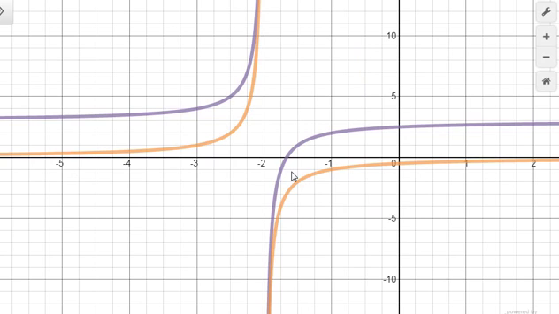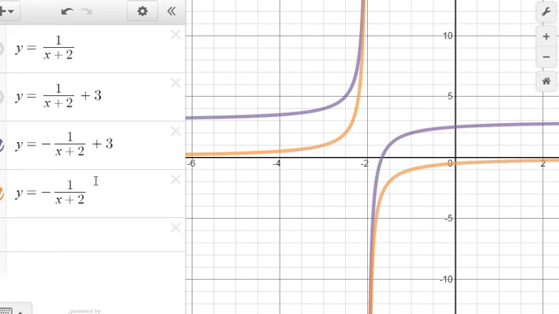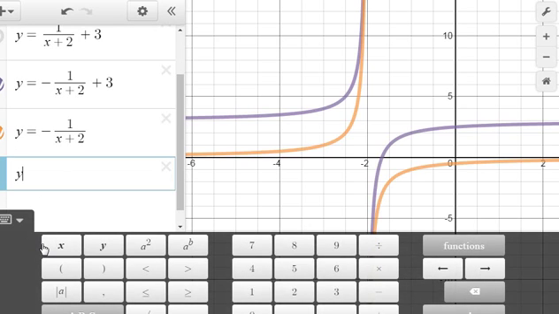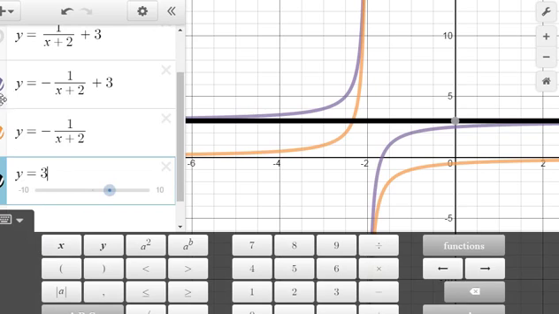But when I put the plus 3 in, it shifts the whole graph up by 3. So what was happening at y equals 0 also gets shifted up by 3. So y equals 3, let's put that in. Y equals 3 is a horizontal asymptote.